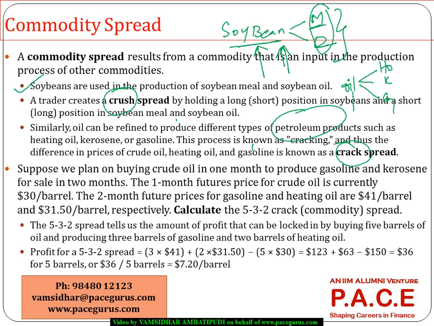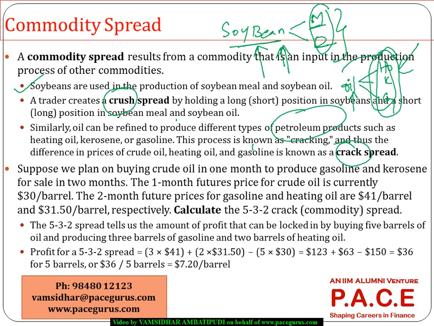Generally, as a manufacturing company, I'll buy crude oil, use my mechanism to produce these byproducts, and I will sell off these things, right?